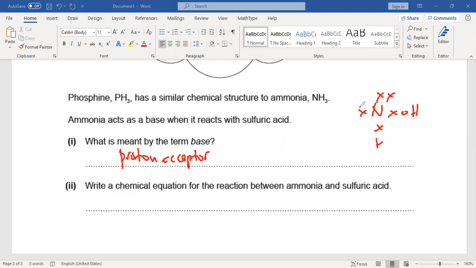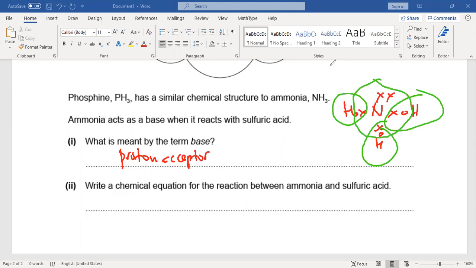If I draw the dot and cross for NH3, then definitely I have this lone pair of electrons, and this lone pair can potentially accept a proton, which is H plus. H plus means H that has no electron, so actually 1s1.